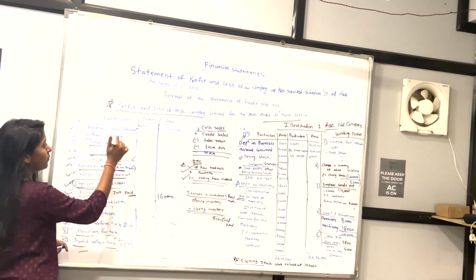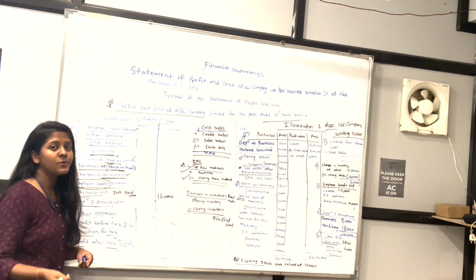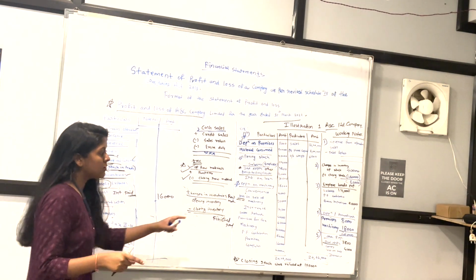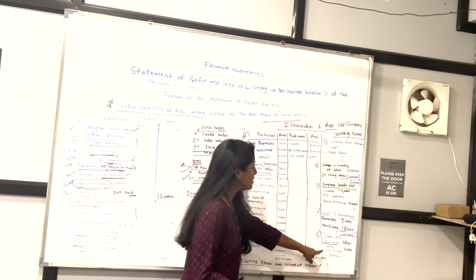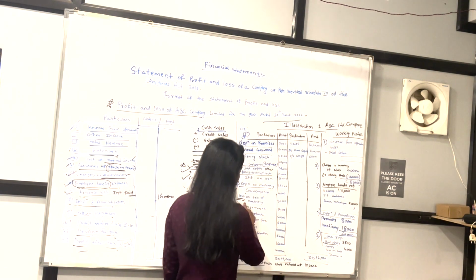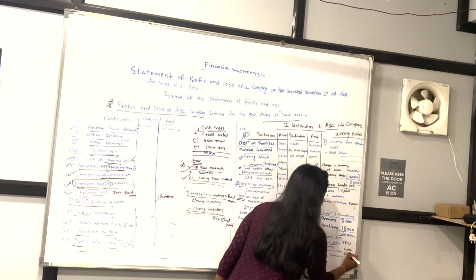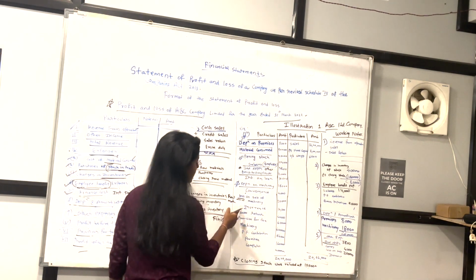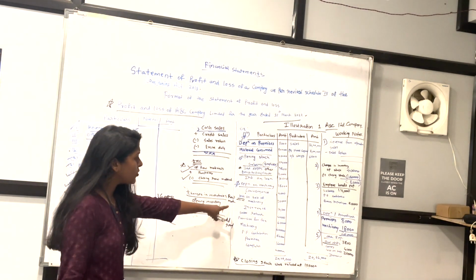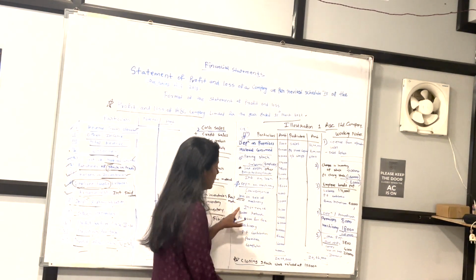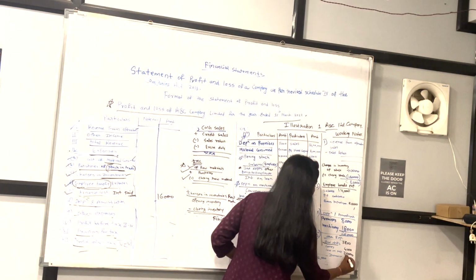So if it was profit on sale of machinery, then it is your other income. And if it is loss on sale of machinery, then it is your other expenses. This head will go in other expenses. How much is the amount? 20,000. Then next, insurance. Insurance is given on the debit side. This is 16,200. So insurance is also your other expenses.